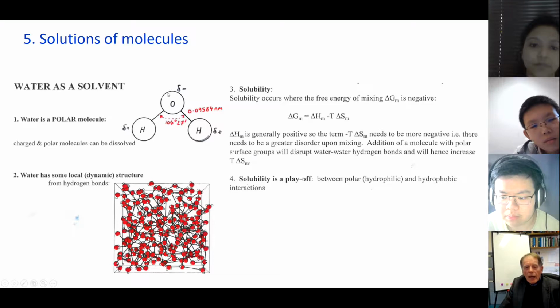There is a higher negativity at the oxygen compared to the hydrogens. The water molecule isn't ionized, but is polar because of the uneven distribution of the electron cloud or charge.